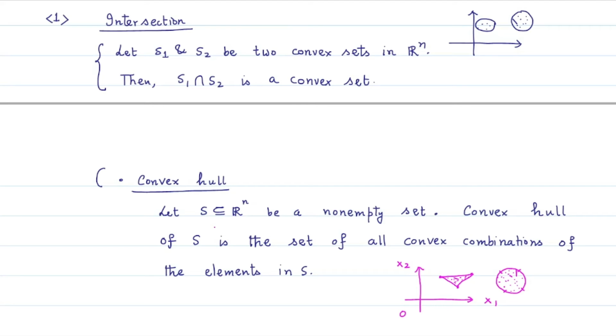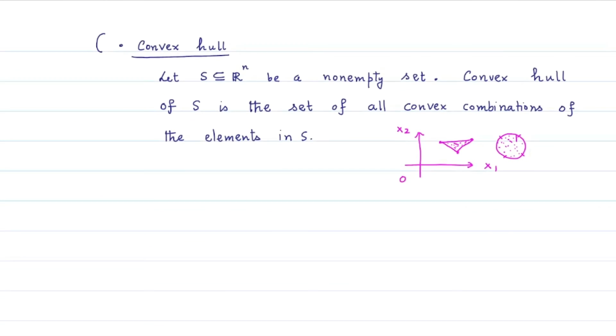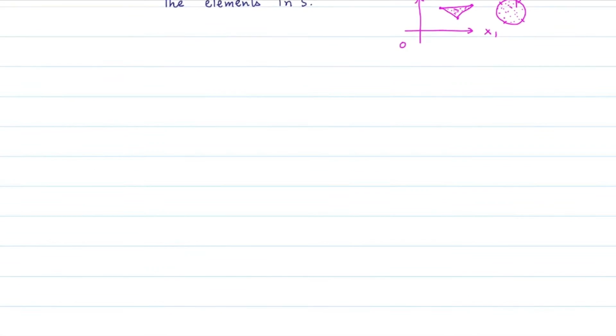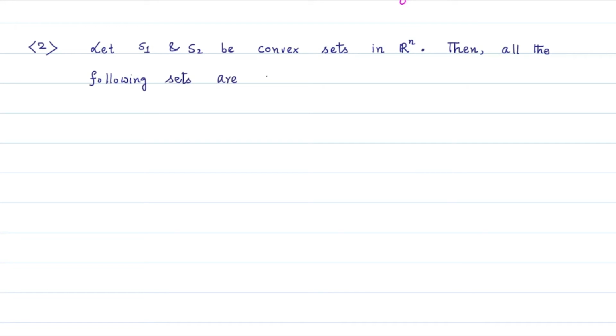For intersection of convex sets, not only intersection of finitely many convex sets, but also intersection of any arbitrary family of convex sets is a convex set. Now next, for convexity preserving operations, I would like to consider the Minkowski sum and Cartesian product of two convex sets. The result neatly states that if I have two convex sets, say S1 and S2, then all the following sets are convex.